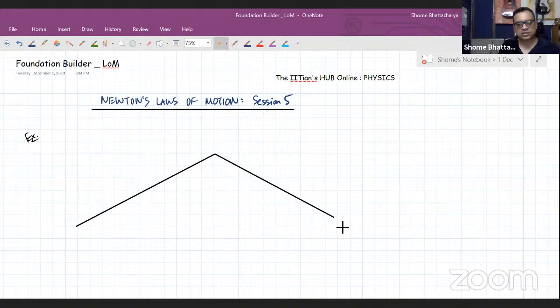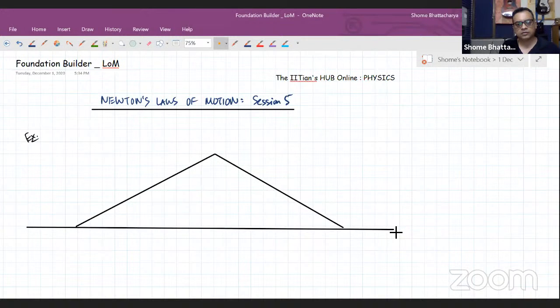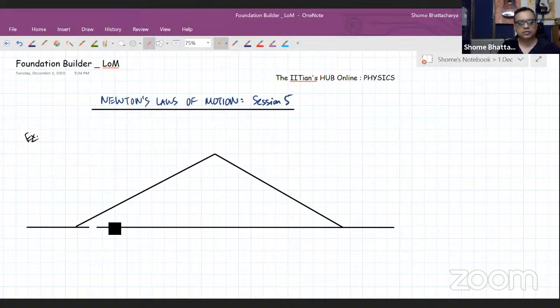So we have a system like this, like a double inclined plane, with a pulley attached at the top, and a string going around like this.